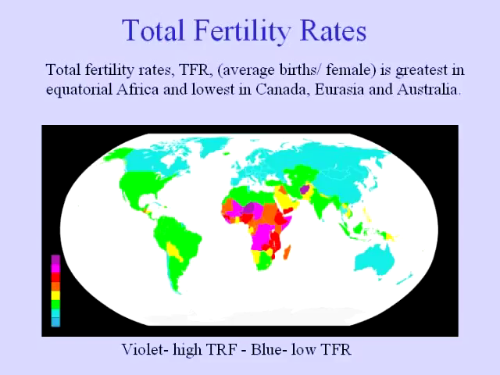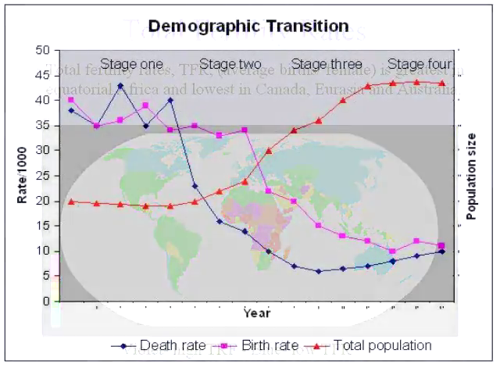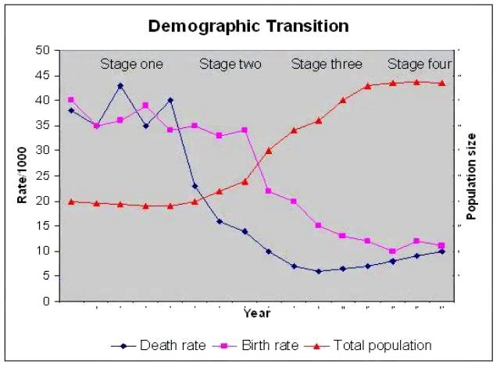The highest fertility rates in the world are found in sub-Saharan Africa, parts of the Middle East, and also in Oceania.